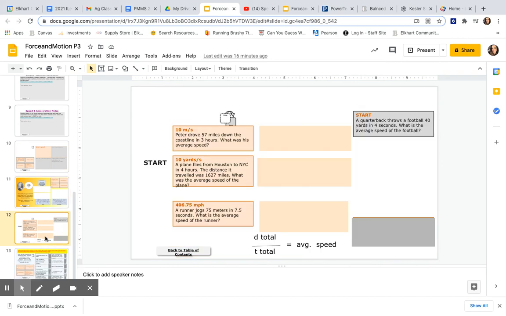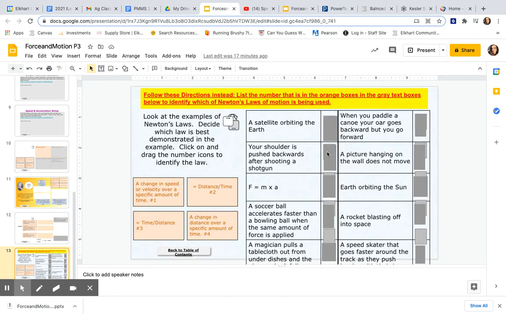On 12 here, you are going to solve these particular problems and tell me what kind of formula that you are going to be utilizing. Same for this one. Right here, you're going to tell me which one of these should be put into this box. 1, 2, 3, or 4, all the way across.